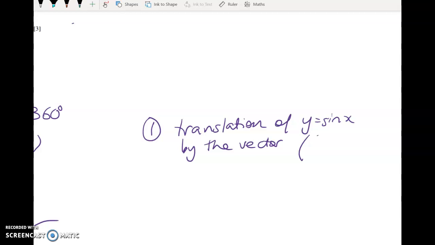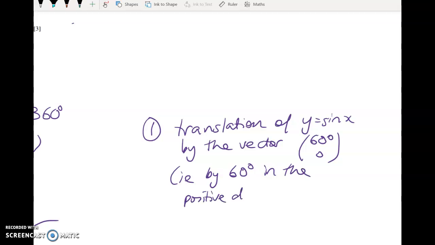The x component is 60 degrees, 0, and then we could say, in more informal language, by 60 degrees in the positive direction on the x-axis. So that's the first thing.